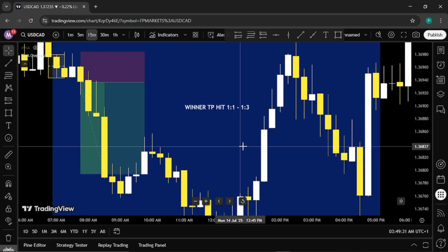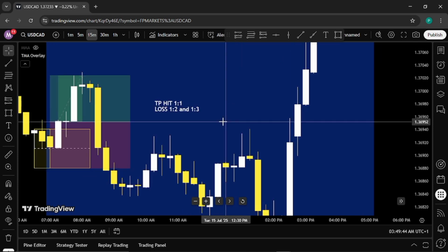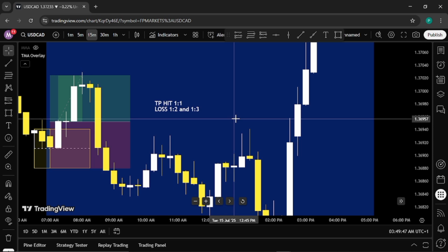So if you look at this, let's say you're risking 1% of your account size, and you're trading a 1:3 risk to reward ratio, which is what I recommend.